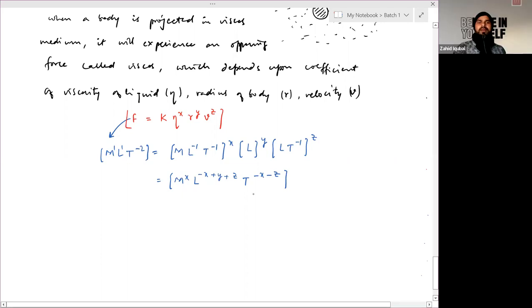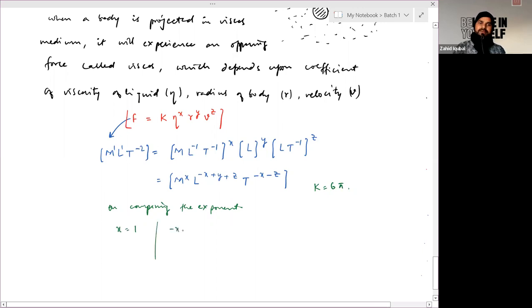Good. Okay. Now, proportionality constant K equals 6 pi. Put this down. On comparing the exponent, x will be equal to 1.